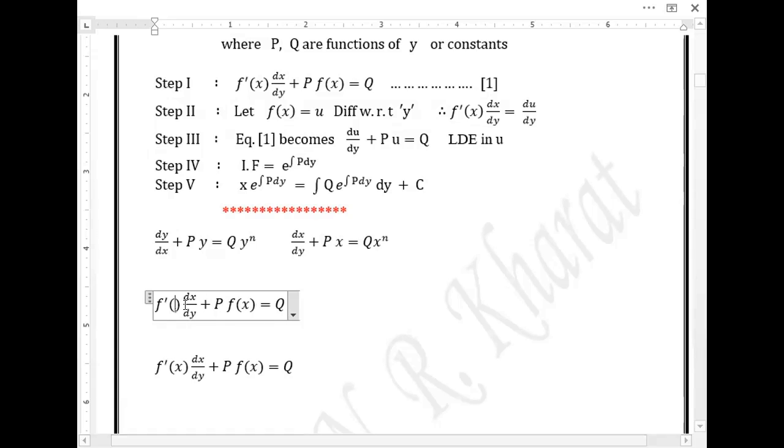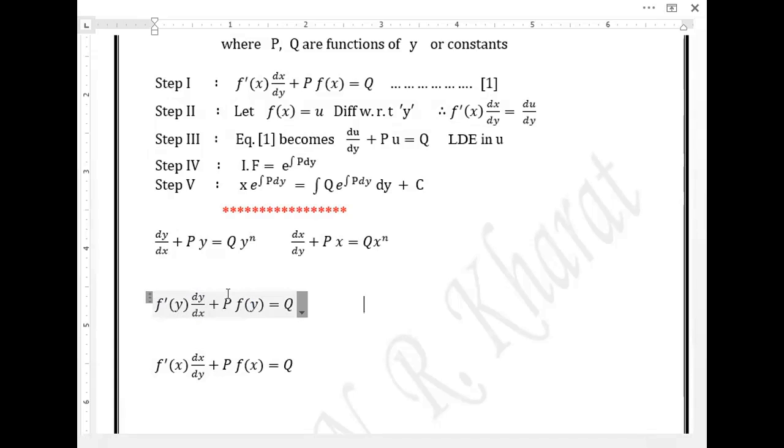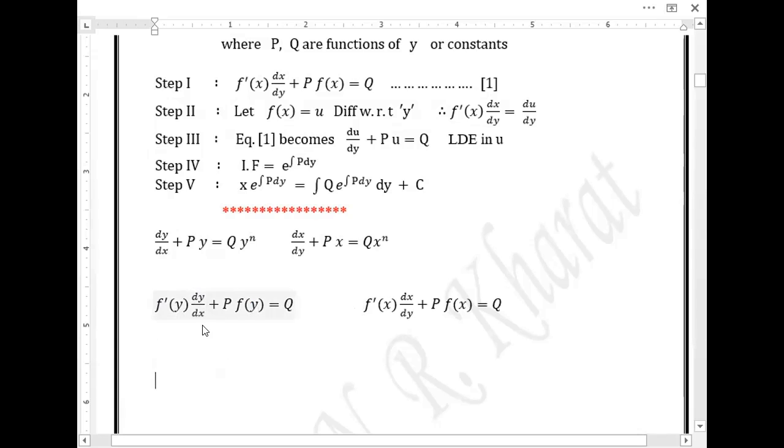Instead of this, f of y is multiplied here. It becomes dy by dx. And last is type four. These are the four methods.